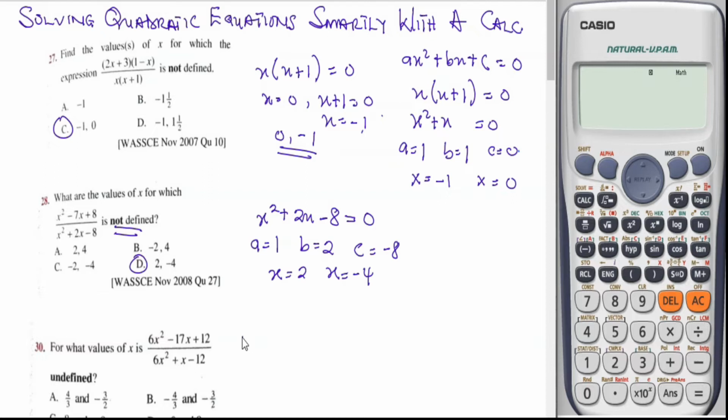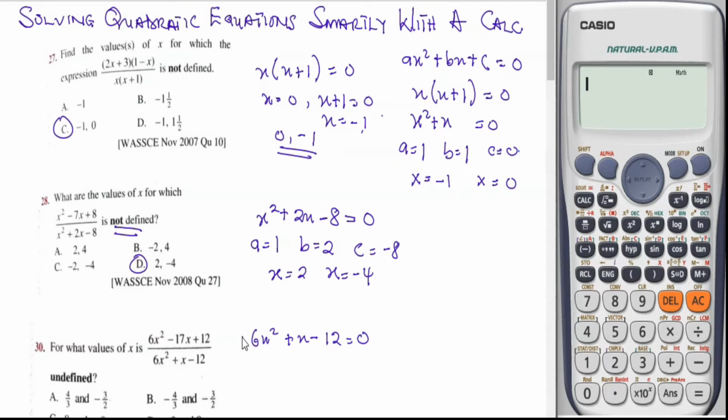When you analyze the denominator, it's equally a quadratic function. So in order to solve for the quadratic function, we need to equate it to 0. So we have it as 6x squared plus x minus 12 equal to 0. Now it becomes a quadratic equation.